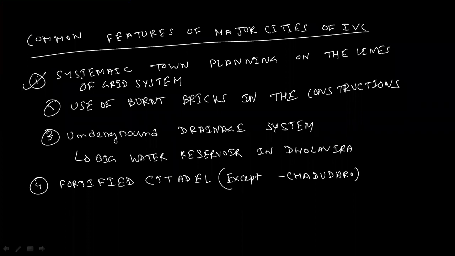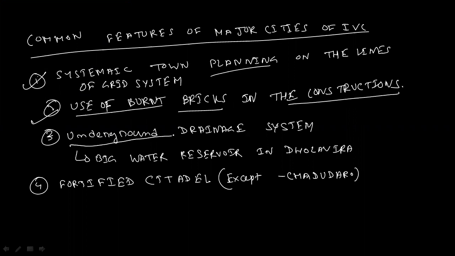First one is the systematic town planning on the lines of grid system. Second one is the use of burned bricks in the construction. Third one is the underground drainage system, big water reservoir in Dholavira. And fourth one is fortified citadel, except Chanhudaro.